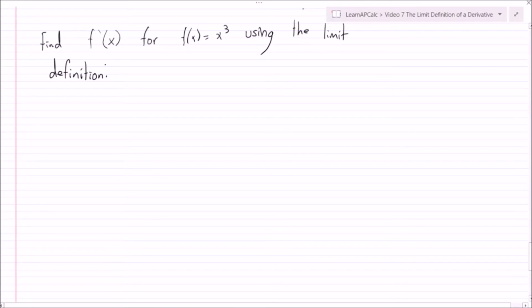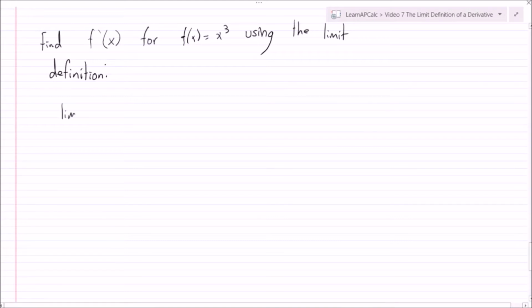Alright, so let's do a quick example problem. Find f prime of x for f of x equals x cubed using the limit definition. Now if you remember what I said about notation, f prime of x here means first derivative. So here I'm asking to find the first derivative of f of x equals x cubed using the limit definition.